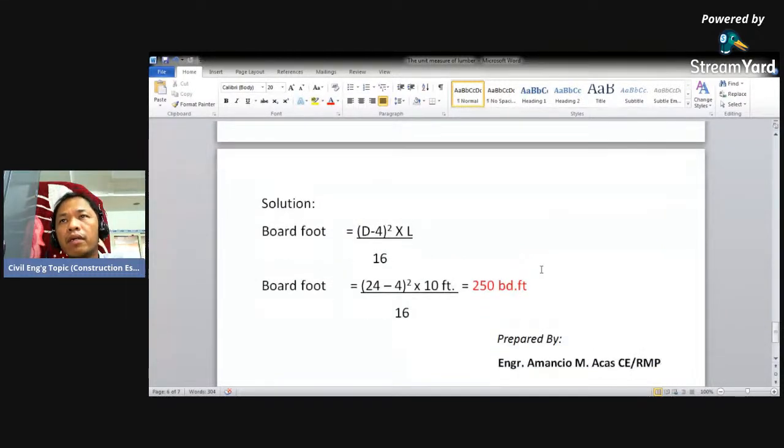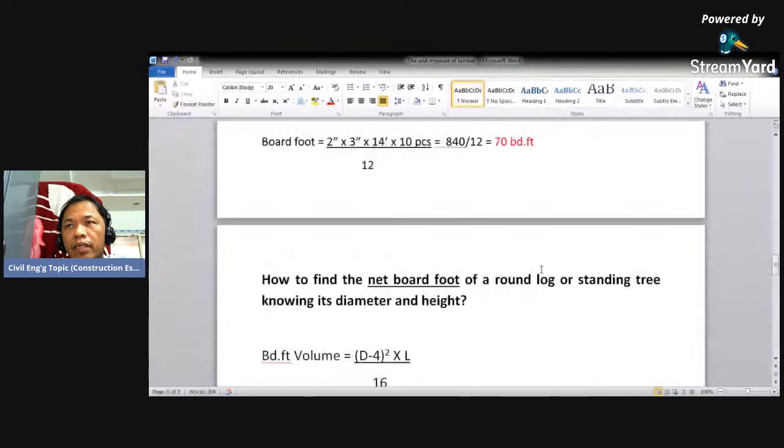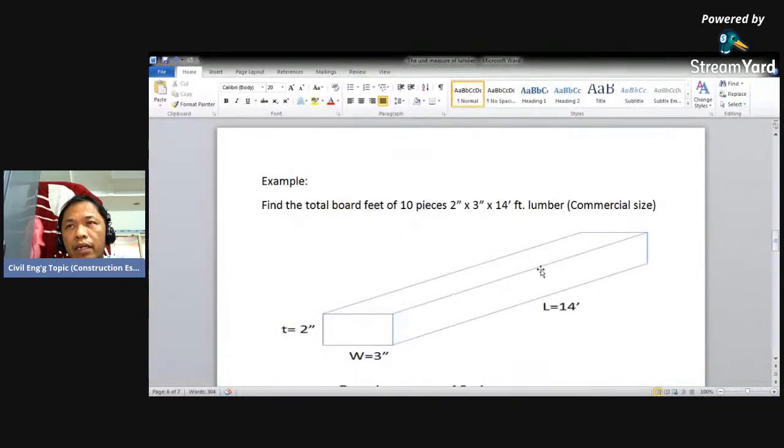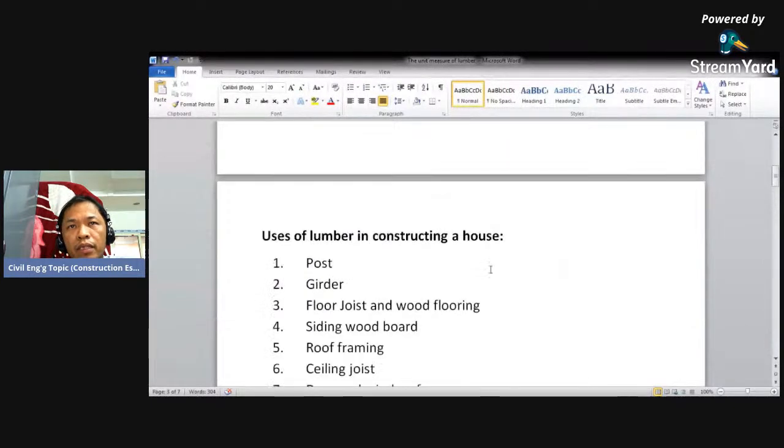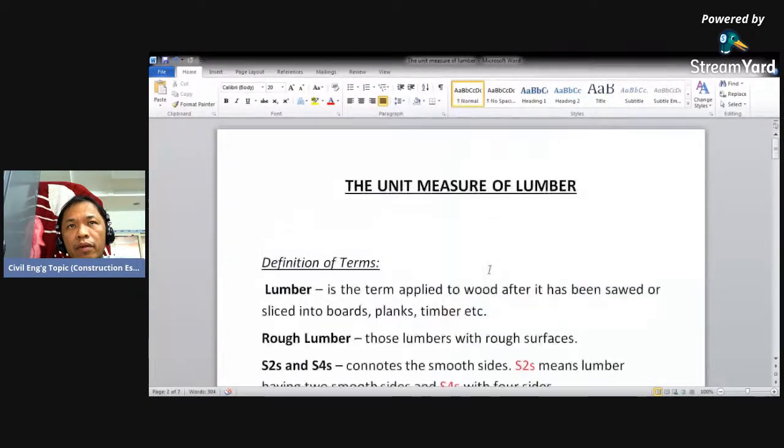So this is the topic for today. I chose this topic because this is very important to us. We can use this in our daily lives and in estimating. We have a project that requires wood.